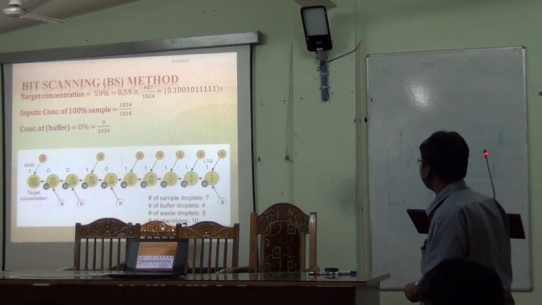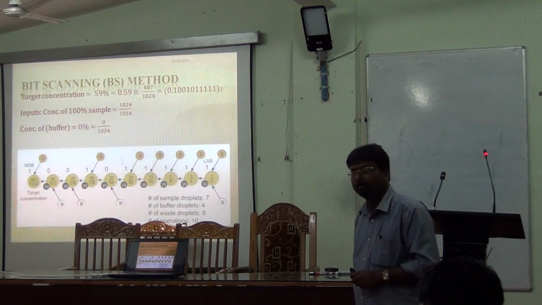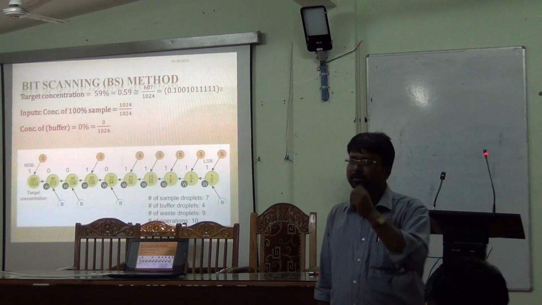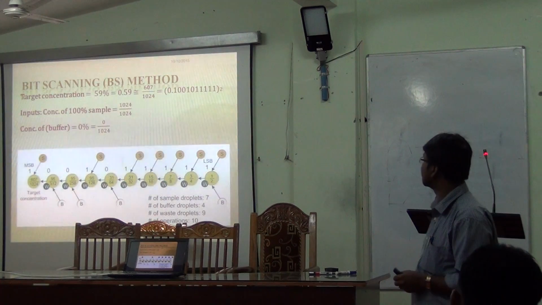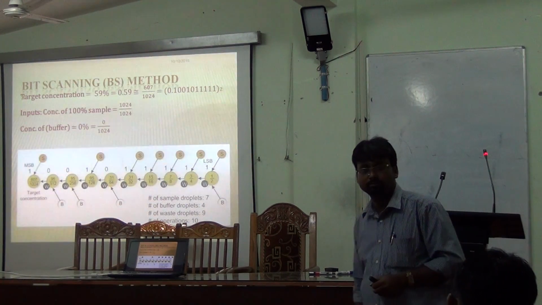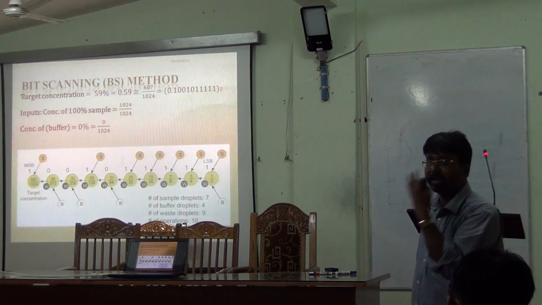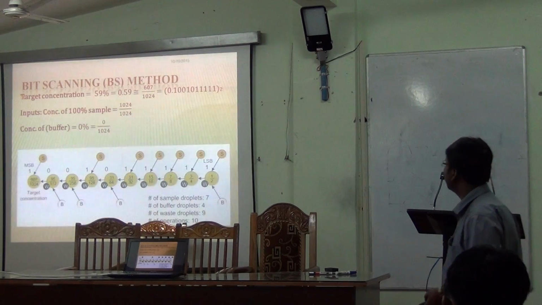This is the bead scanning method, the first method that was discovered, where we have taken 25%. If it is 25% or if it is 59%, then what do we do? Say the same problem, HCl equal to 59% concentration. 59% concentration means 0.59.